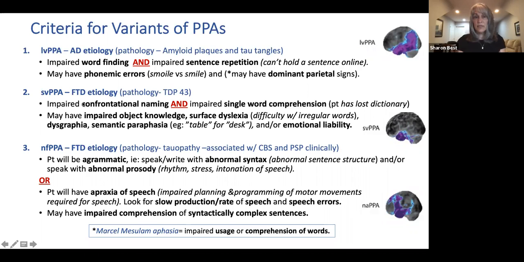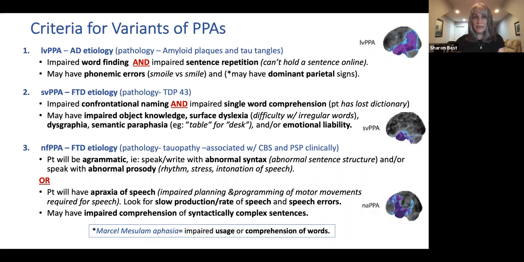It must be a primary symptom, progressively worsening over time, and they must have an aphasia. So remember, a supporting criteria for this non-fluent agrammatic is that the person will have an impaired comprehension of complex sentences. And in that way, we're showing that they have an aphasia.